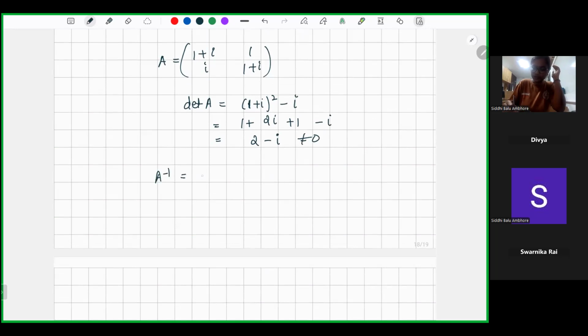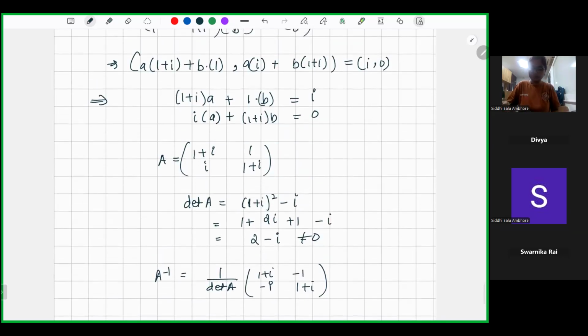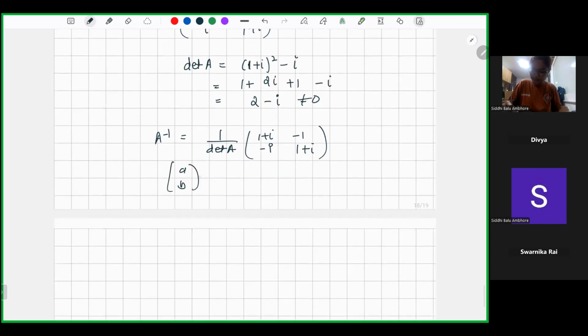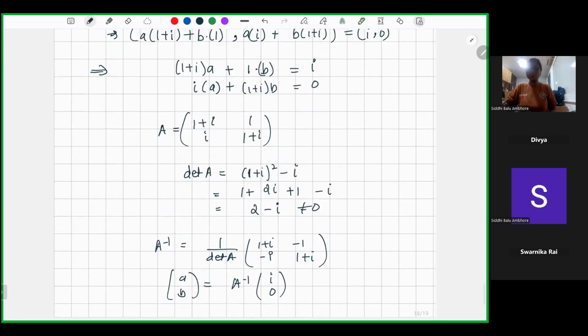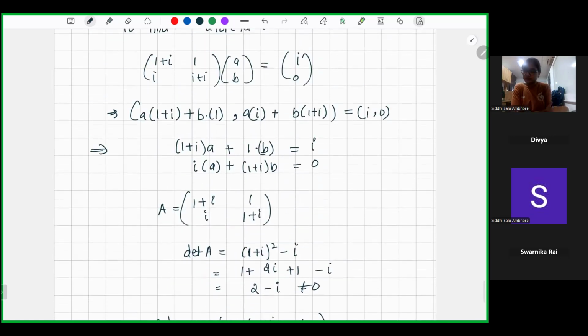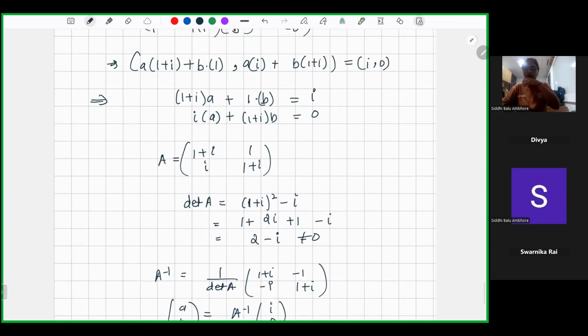So A inverse is 1 by determinant of A times the switched matrix with minus signs on the off-diagonal entries, if I'm correct. Then AB will be A inverse times (i, 0), so B is 0, and A will have some expression here.